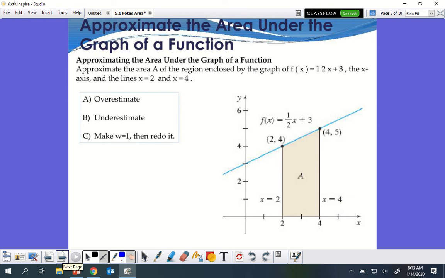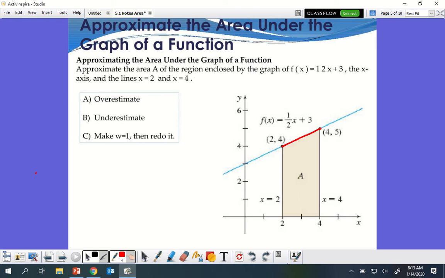Okay, approximate the area under a graph of a function. Approximate the area A, region enclosed by the graph of 12x plus 3. So it's enclosed by the graph 12x plus 3, and the x-axis.